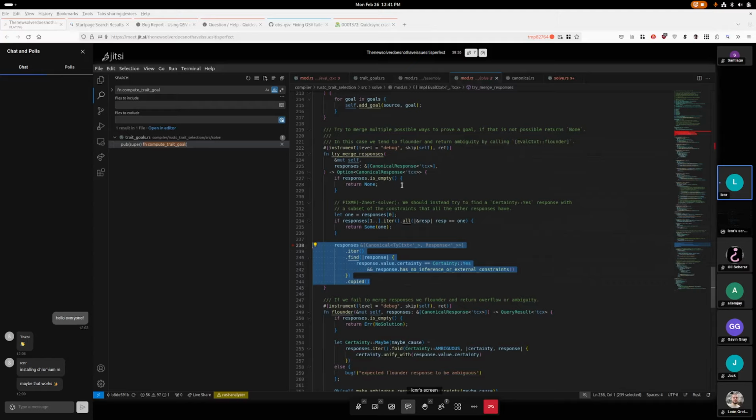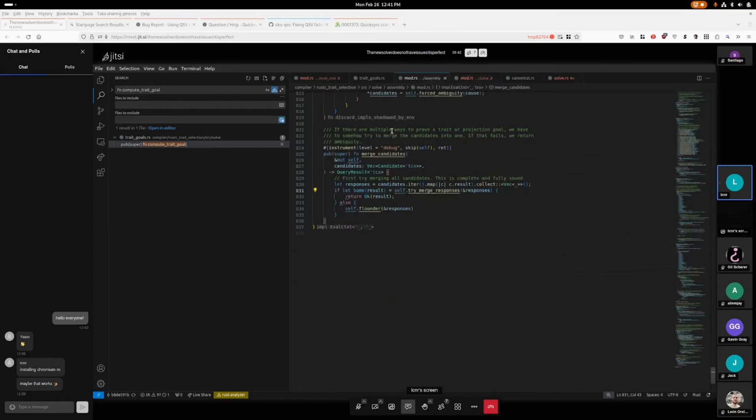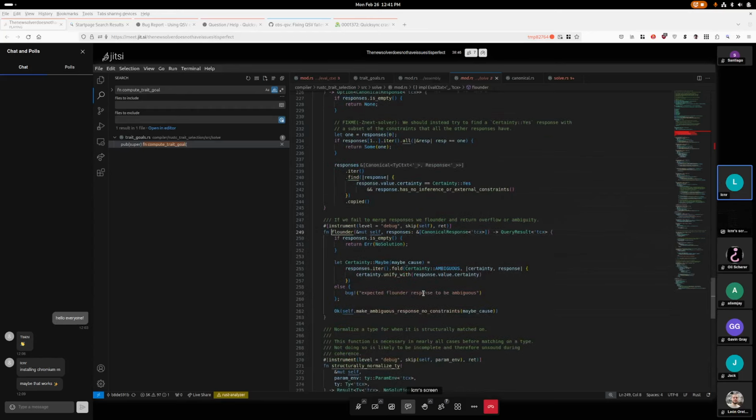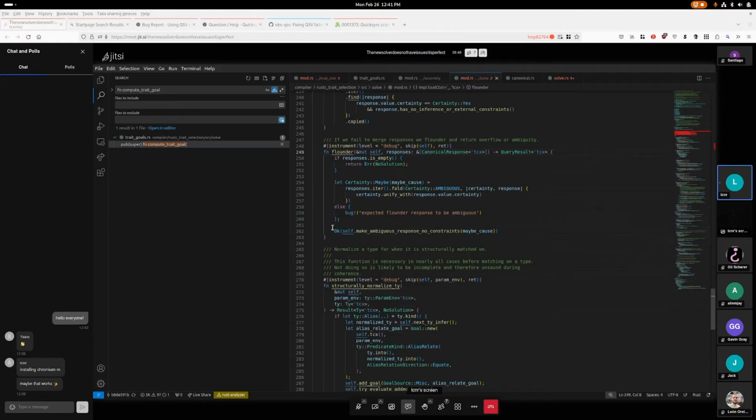And if there are multiple candidates and they don't have the same response, we fail with ambiguity, and that's what happens in Flounder, which just fails with no constraints, and either ambiguity or overflow, depending on whether any of the candidates resulted in overflow.